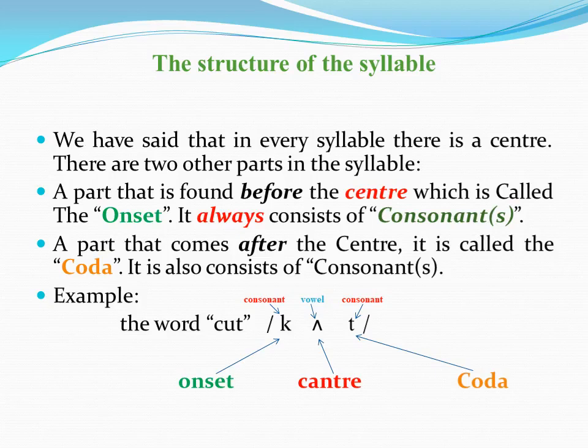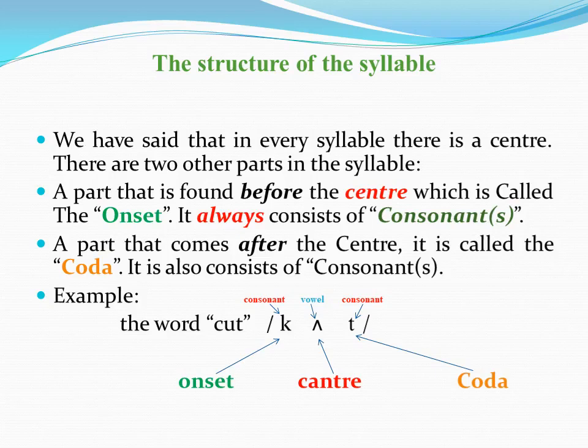Let us take this example. If we take the word cut, as transcribed here, it consists of three sounds: a consonant, a vowel, and a consonant.